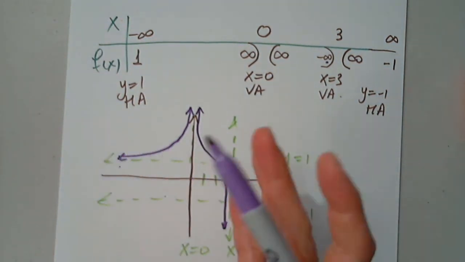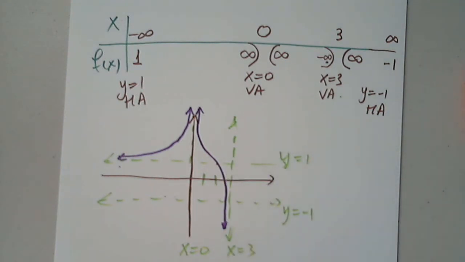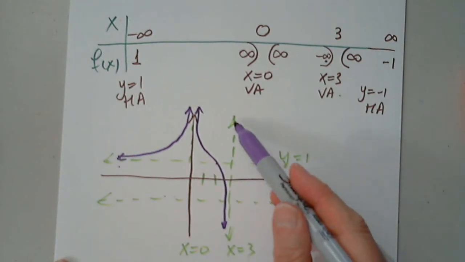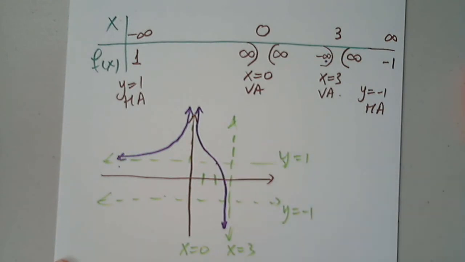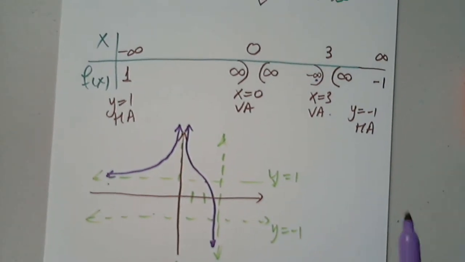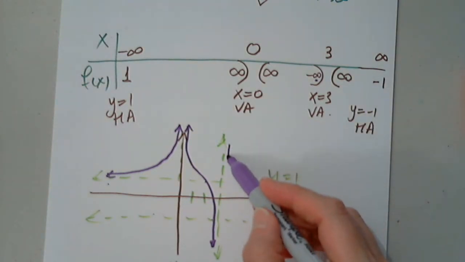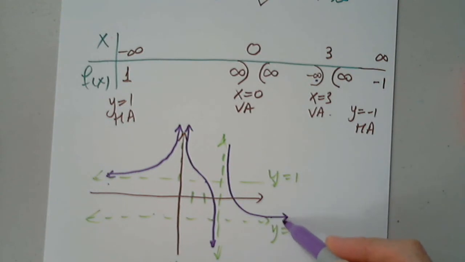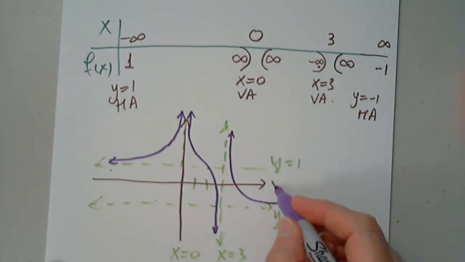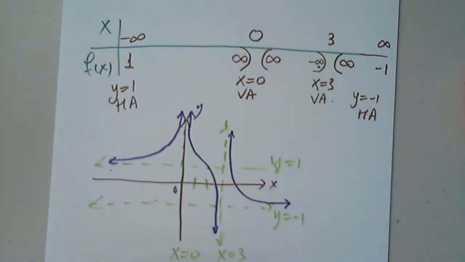A rational function, or a function, can cross a horizontal asymptote. It cannot cross a vertical, but a horizontal, yes. It's okay. Here, from positive infinity to negative 1, okay, so it's coming from positive infinity and going to negative 1. So this is my example based on the given information.